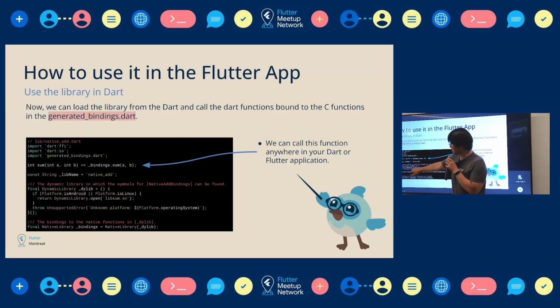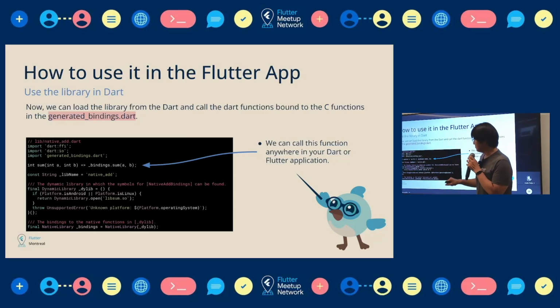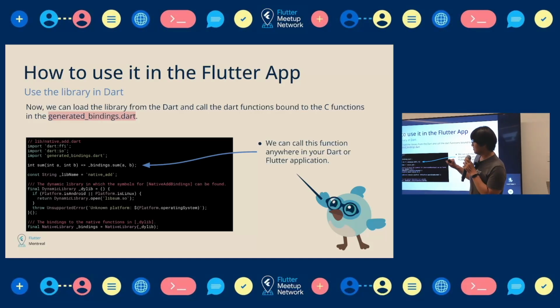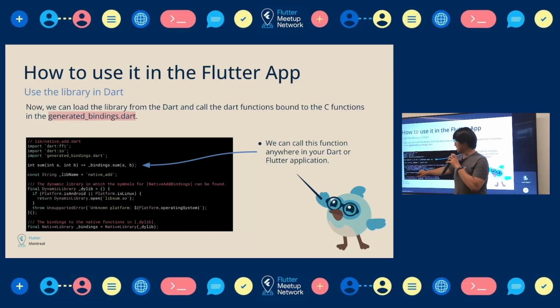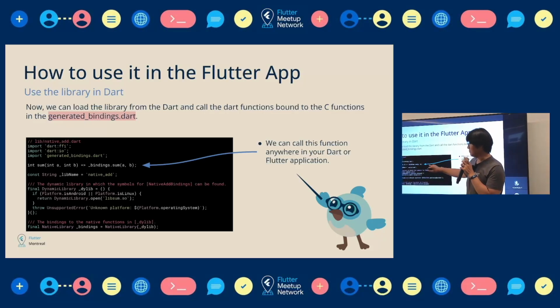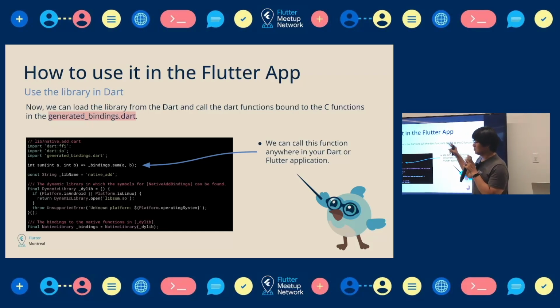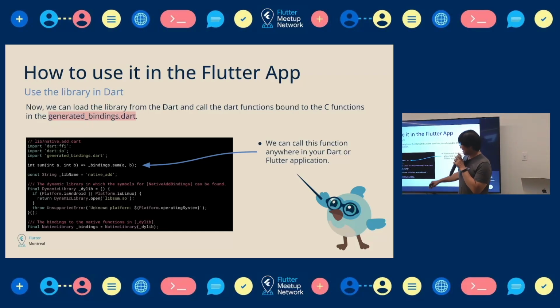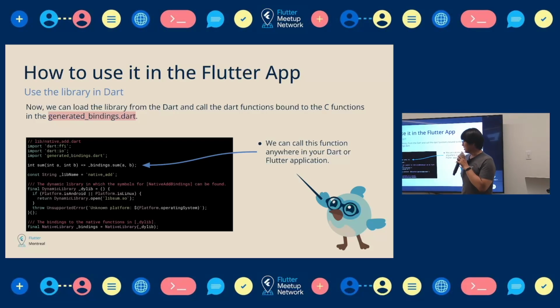I only put the platforms Android and Linux here because Android and Linux can do dynamic library loading. That's why I have it. If you have the iOS library, you need to add one more line, maybe two lines. Okay? And if it doesn't support the platform, then we're going to make it crash.